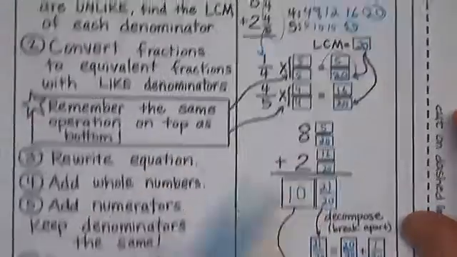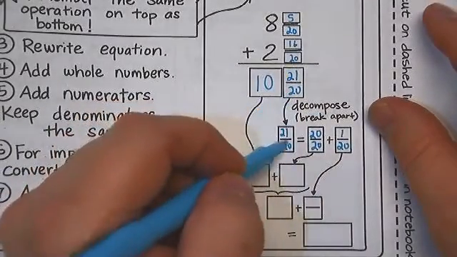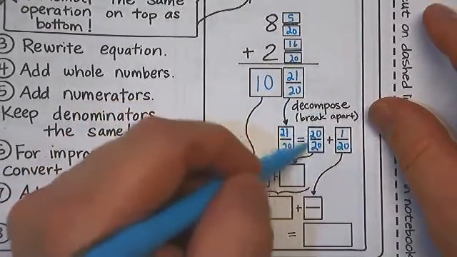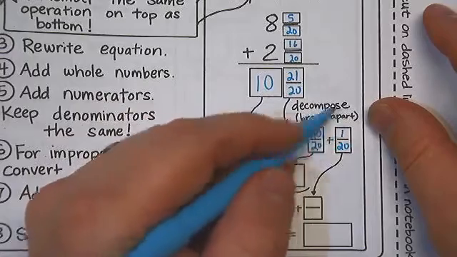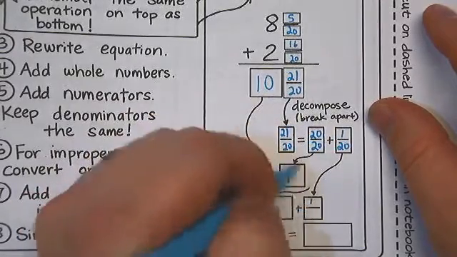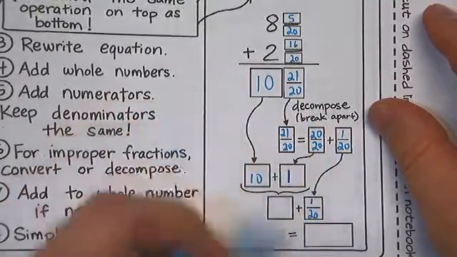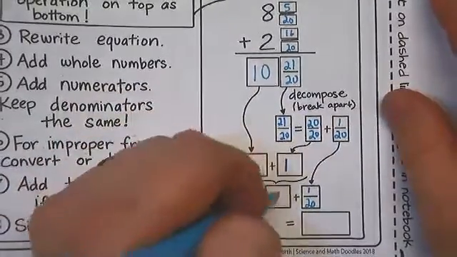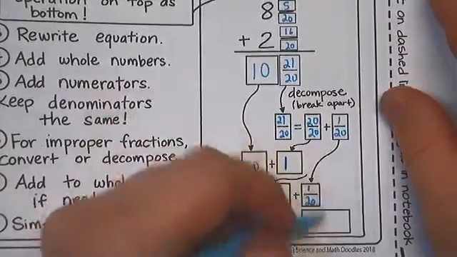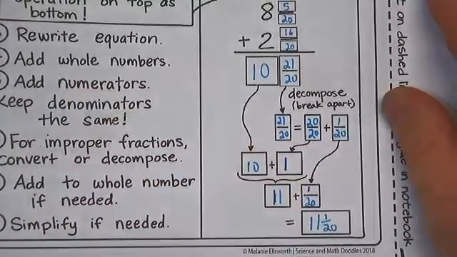And 20/20ths is 1 whole. So that's 1 whole with our 1/20th at the end, plus our 10 wholes to begin with. So 10 plus 1 is 11. So the answer to this question would be 11 and 1/20th. Okay.